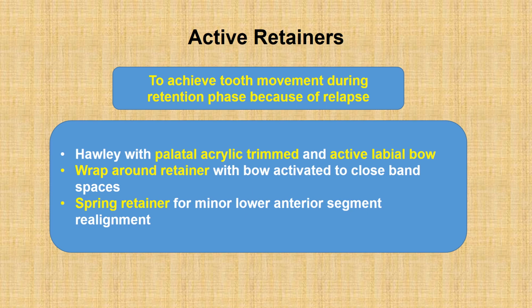Now, a Hawley with a palatal acrylic can be trimmed and the labial bow can be activated for minor tooth movements. A wraparound retainer with a bow activated can be used to close band spaces. Okay, and the spring retainer can be utilized for minor lower anterior segment realignment.